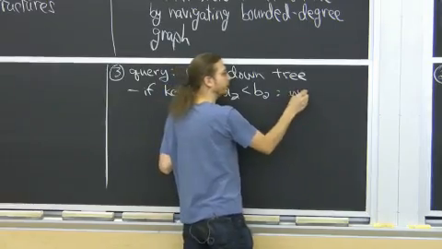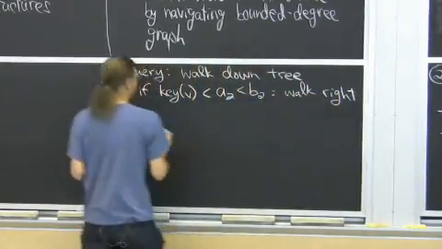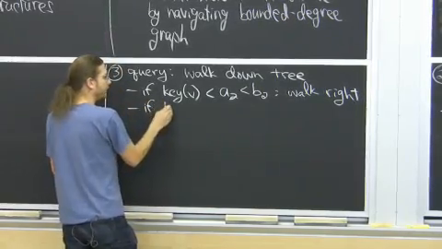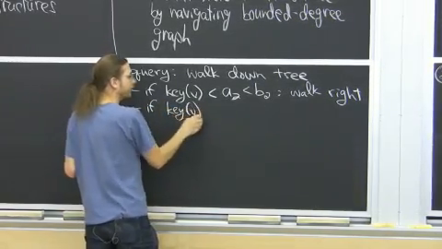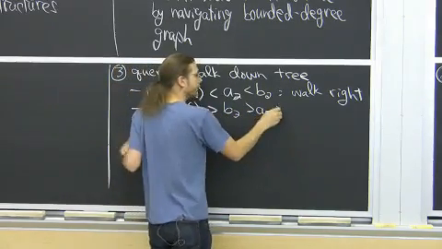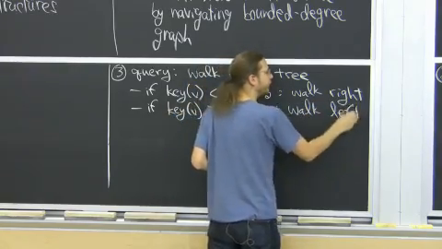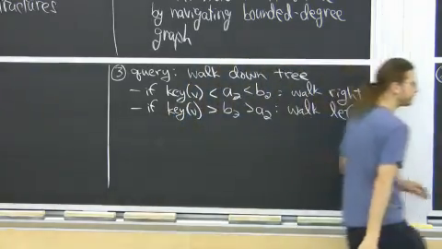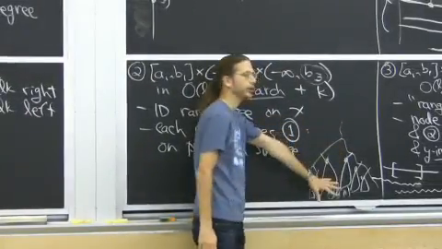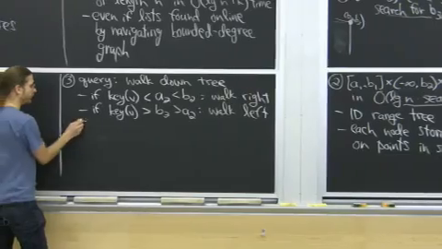So walk right. If the key of the node is greater than the interval, then walk left. That's sort of the easy case. And then the interesting case is this fork. Before we had to do a lot of work at the fork. Now I claim we only need to do constant work at the fork.